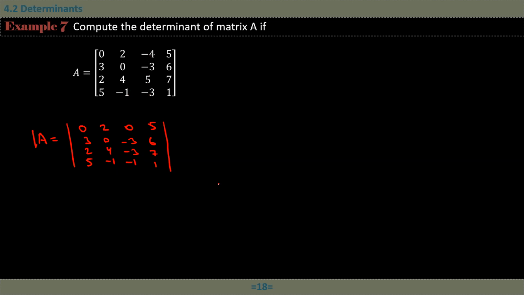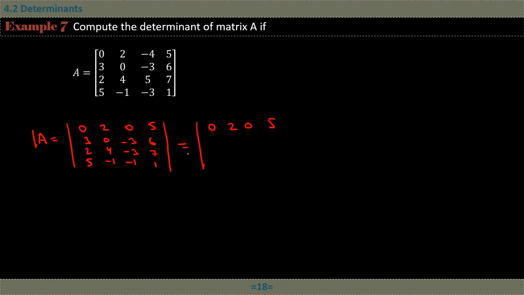Okay, so now what else can we do? Here all are minus. Okay, I can keep this out. And we can have one more zero here, 0, 2, 0, 5.